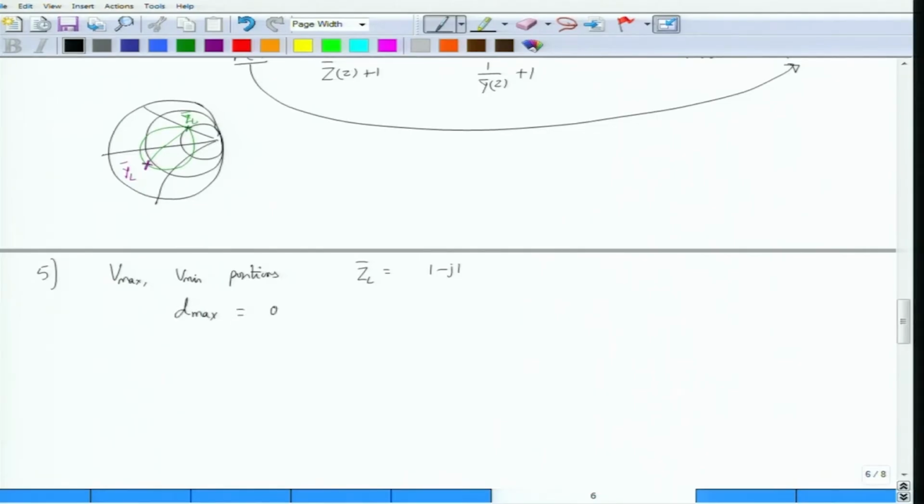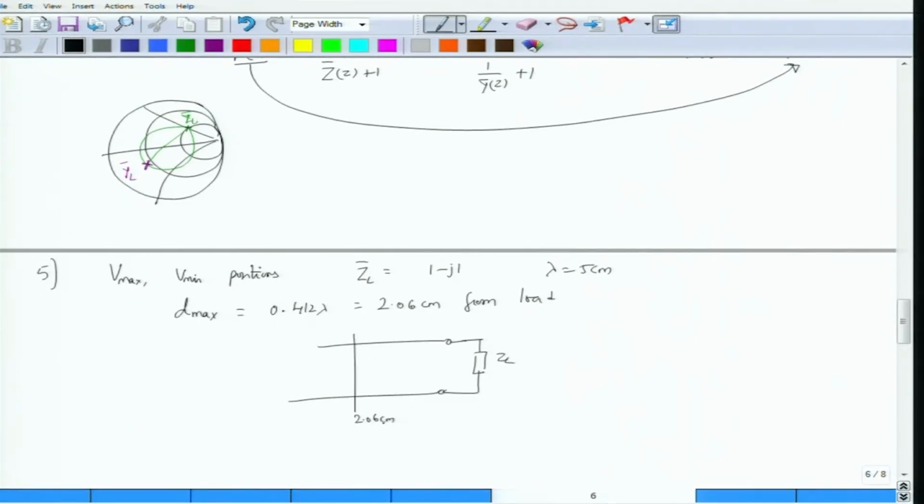So D max is 0.412 lambda, and since lambda is given as 5 centimeter in this particular problem, this would correspond to 2.06 centimeter from the load. So if this is your load ZL and this is your transmission line, this is at 2.06 centimeter.